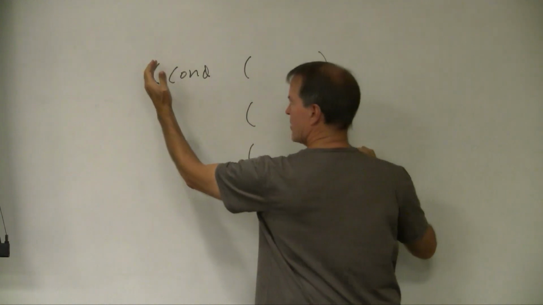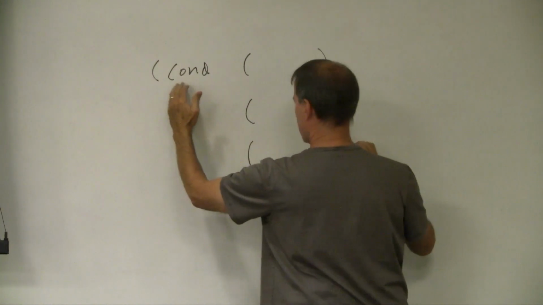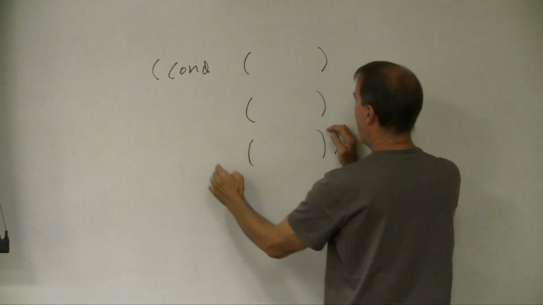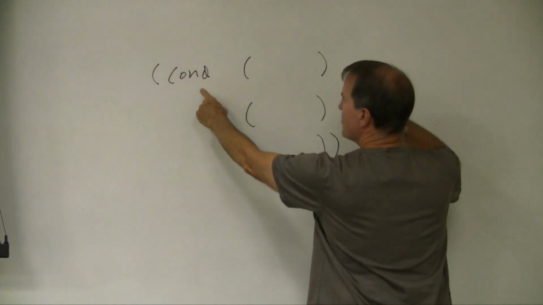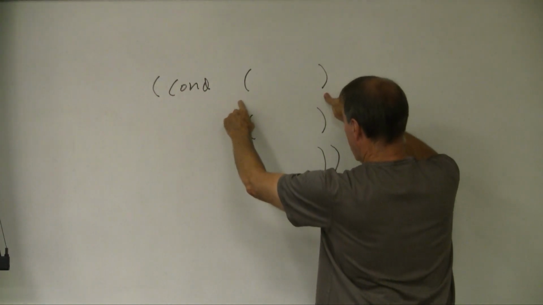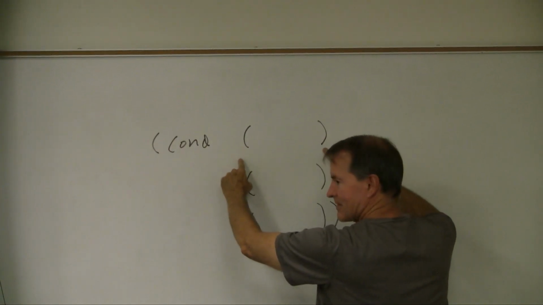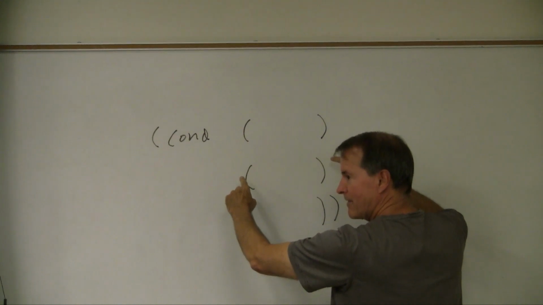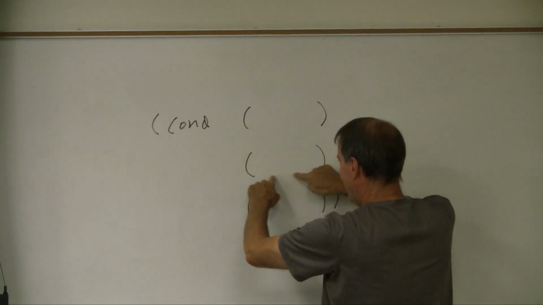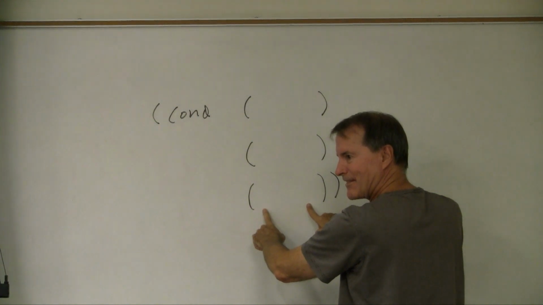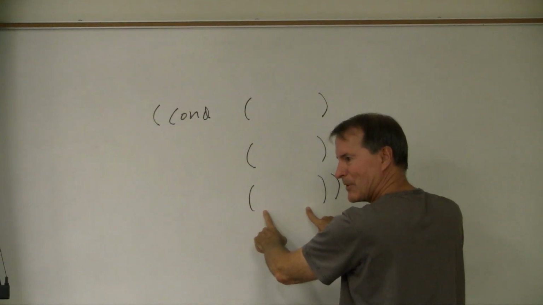Here's the opening parenthesis and here's the closing parenthesis of this COND. And what are the arguments of this COND? It's a list. But what is it a list of? Lists. Do you see what I mean?